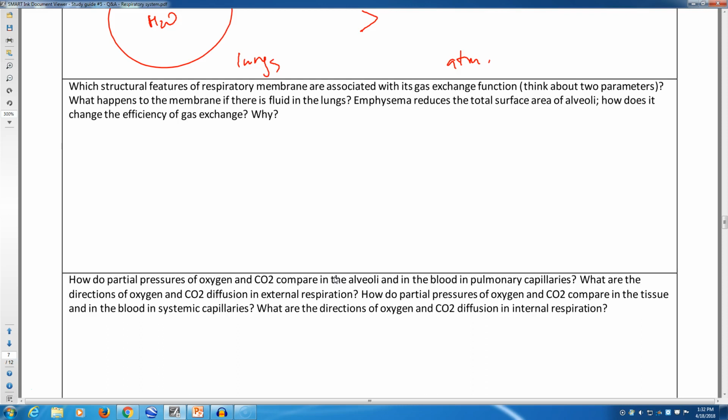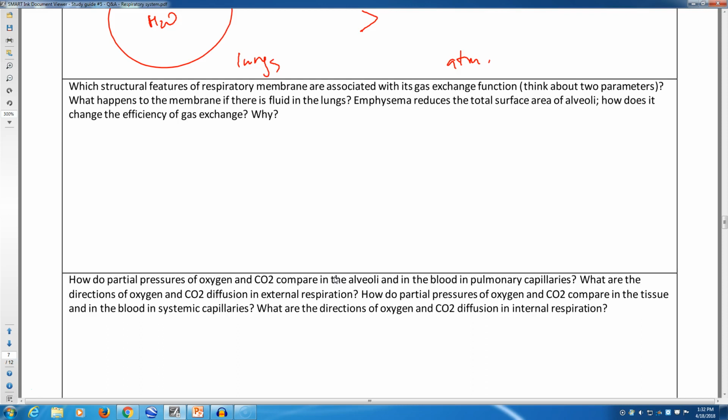Ratio-wise, in the alveoli versus pulmonary capillaries, oxygen pressure is higher where? Alveoli. So, in the lungs, oxygen goes from alveoli to blood. In the alveoli, carbon dioxide pressure is higher in the blood. So CO2 goes from blood to the air in alveoli.